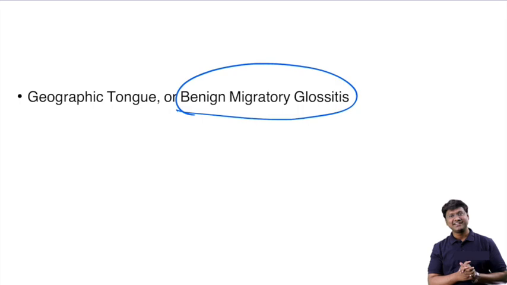This appearance is due to rapid destruction and regrowth of filiform papillae, which is responsible for benign migratory glossitis. Rapid destruction and regrowth of the filiform papillae is what causes changing patterns on the tongue. See, most of these patients remain asymptomatic.